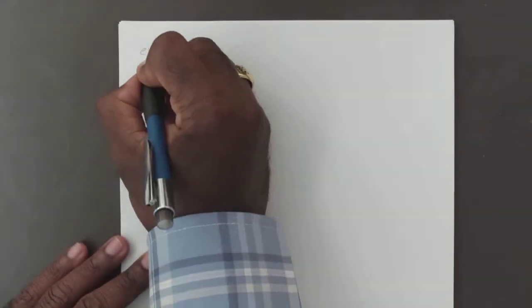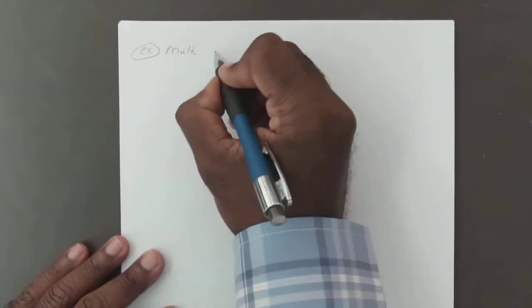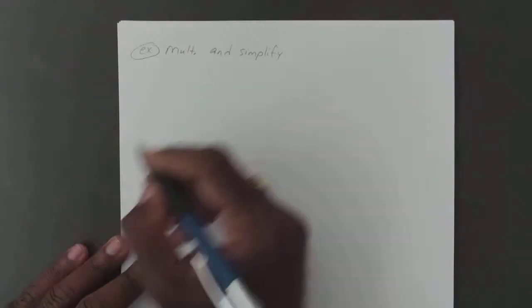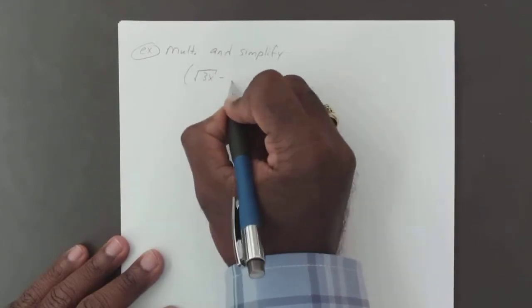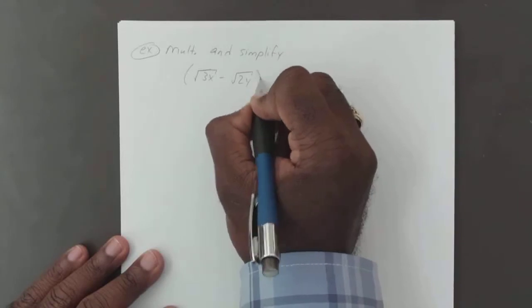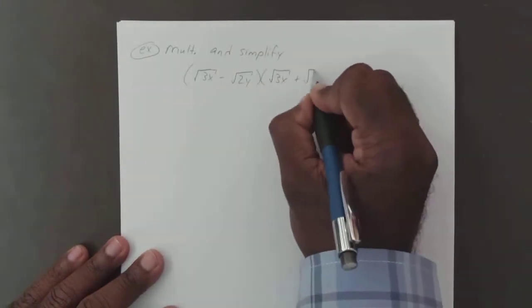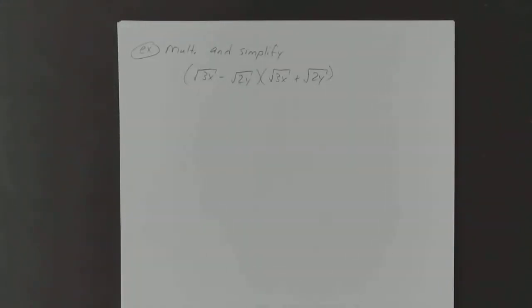Okay, so let's say, for example, for this one, if we wanted to multiply and simplify, square root of 3x minus square root of 2y times square root of 3x plus square root of 2y. Just good old-fashioned FOIL method.